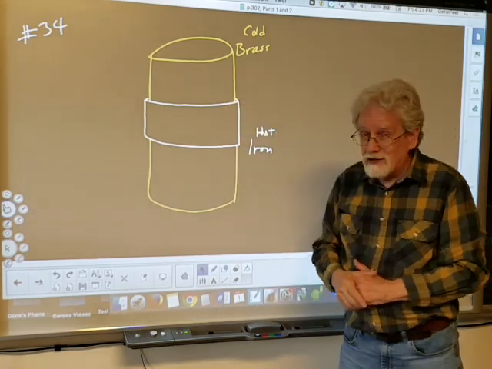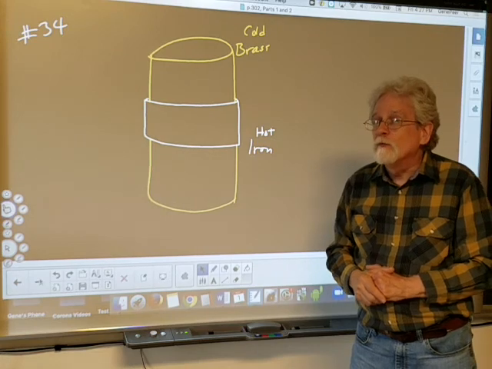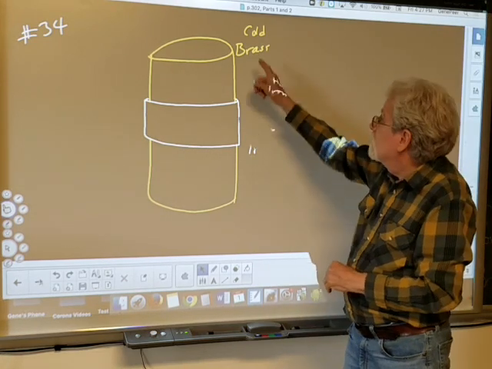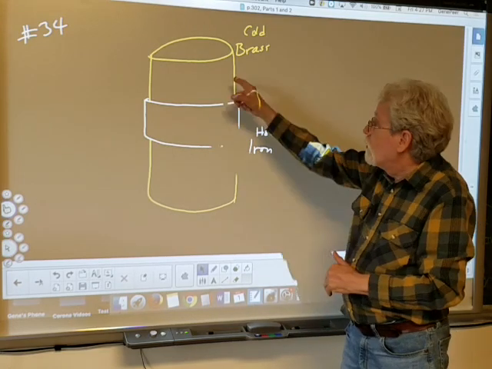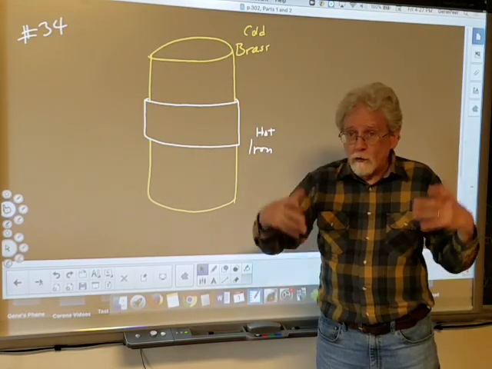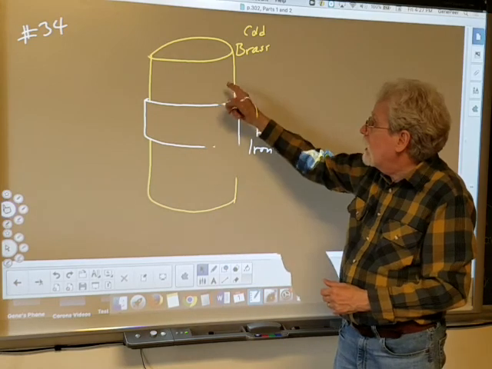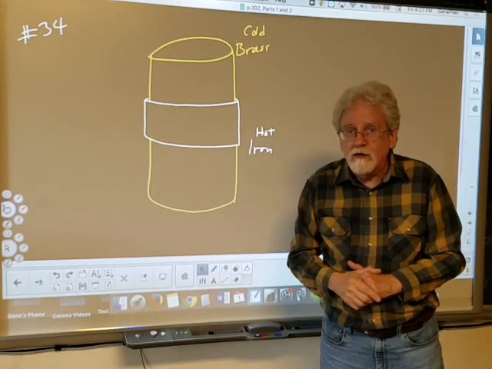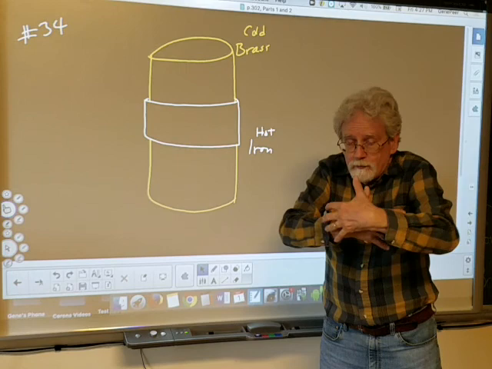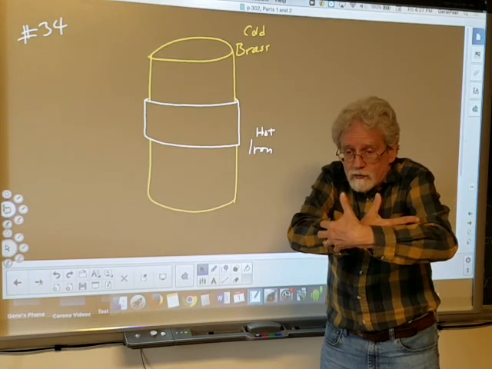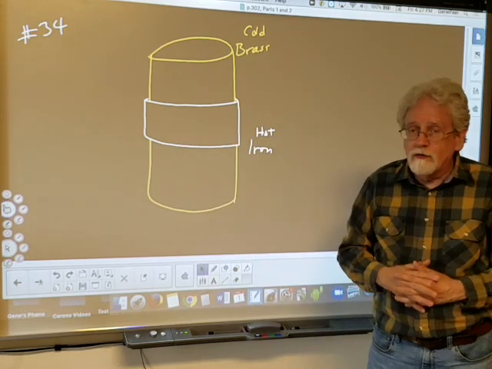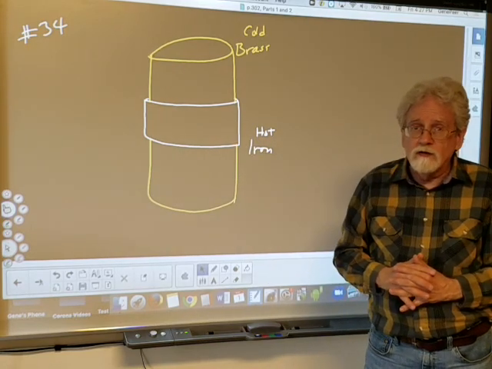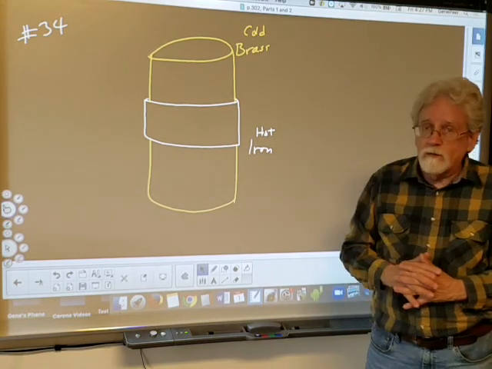The brass is going to heat up right along with it. And which one expands faster? The brass expands faster. The more you heat up the iron, the more the brass is going to expand. It's only going to get tighter because the brass will expand faster than the iron, and that brass cylinder is going to get larger and larger and larger, and only make that iron ring tighter and tighter and tighter. You can't get them apart.